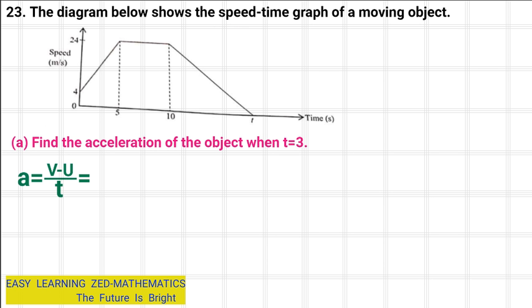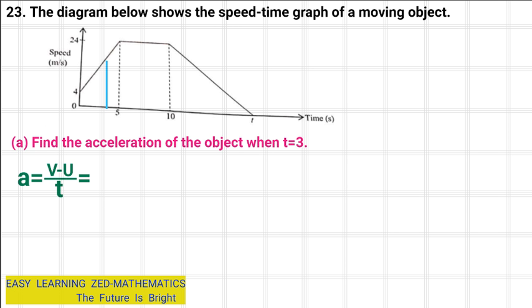So I can show you that the blue line there is indicating almost the place where 3 seconds should be. Now if that is the case, how can we tell the velocity of this object when the speed at which the object is moving at 3 seconds is not even shown?